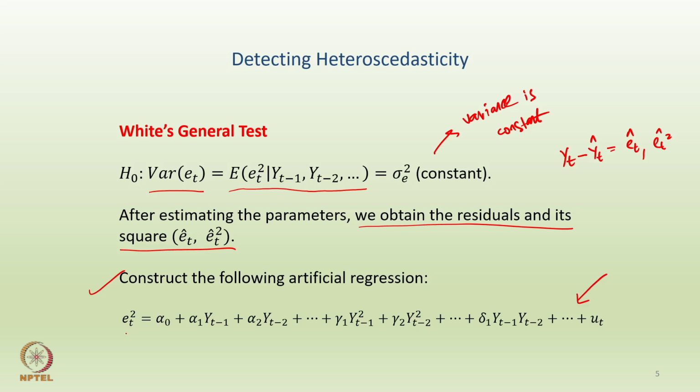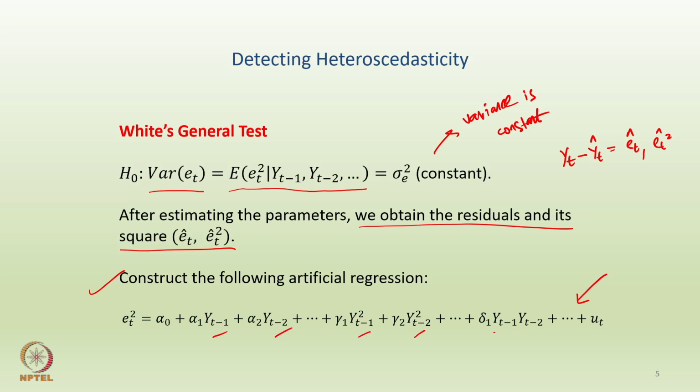Now, what exactly goes inside this regression is that we are focusing more on Et squared values. We are assuming that the Et square values are the dependent variables, and the independent variables in this regression are nothing but the historical values of the time series itself. So, let us say yt minus 1, yt minus 2, along with their squared terms, yt minus 1 square, yt minus 2 square, along with any of the interactions.